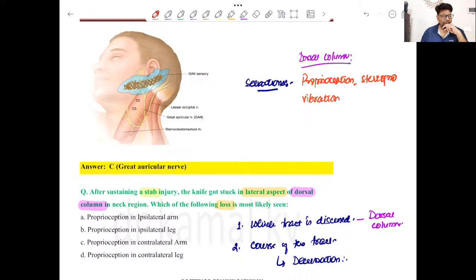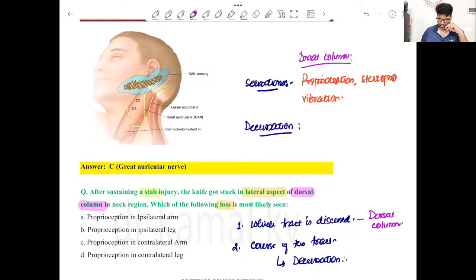This is all carried by the dorsal column. Now the dorsal column ascends, and the decussation occurs in, what is the area of decussation?